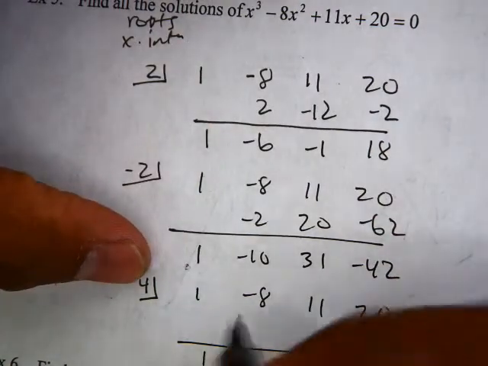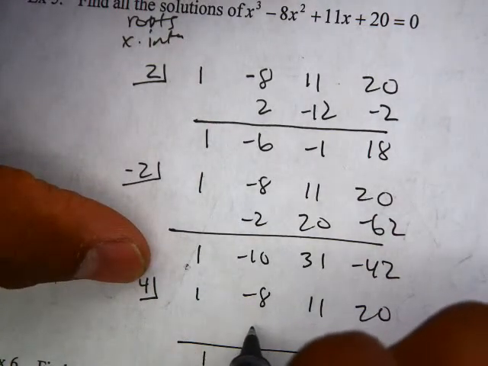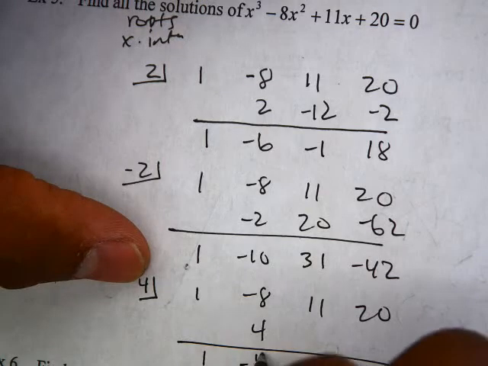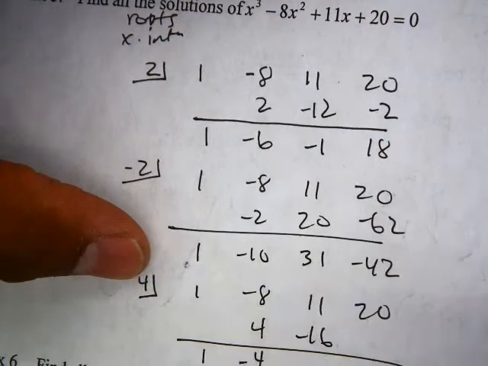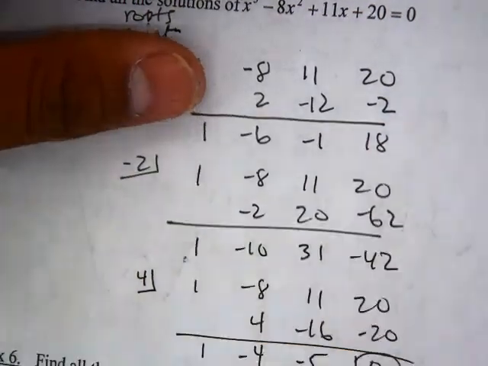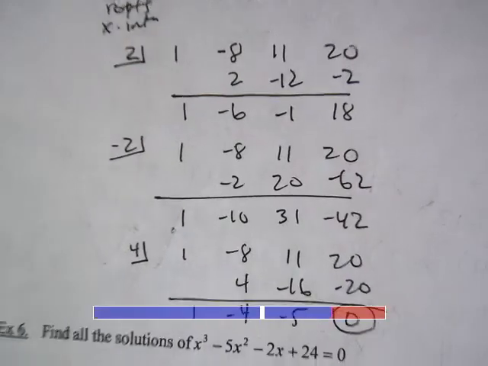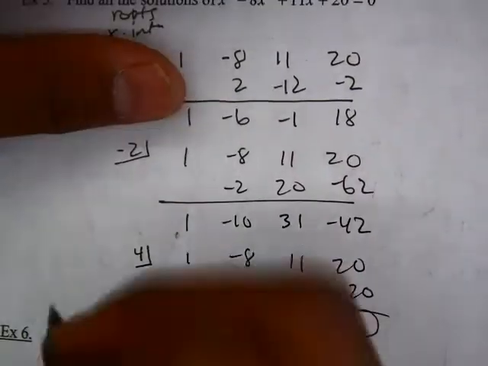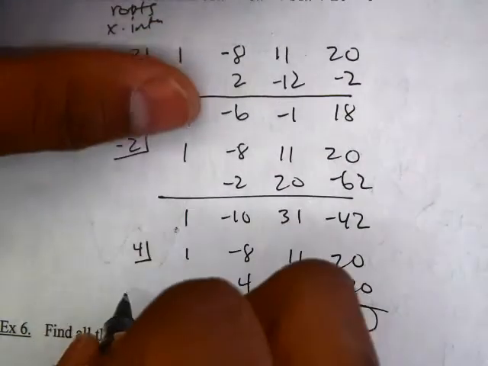One, 4 times 1 is 4, it's -4, -16, that's -5, and lo and behold, I get a remainder of 0. Okay, so 4 went through, so 4 is one of my roots.